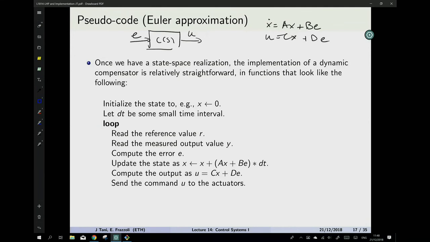An implementation of a controller can be done analogically. You can do it by designing the appropriate circuits that implement the behavior described by your dynamical equations. Or much more practically, in modern times, you just write a computer program that does it, okay? And how do you implement this in a computer program?